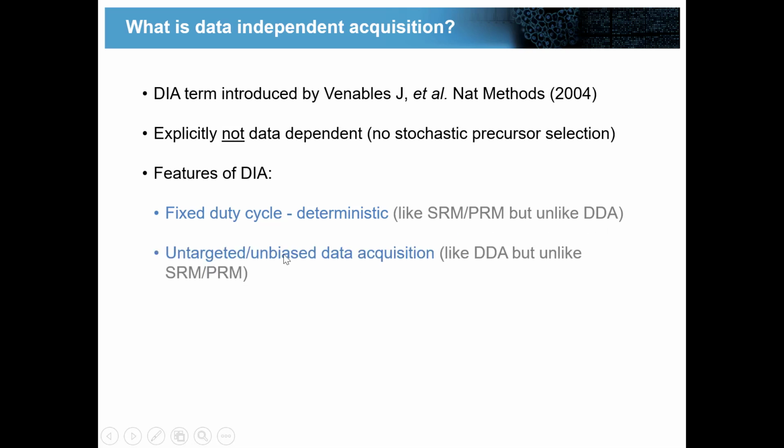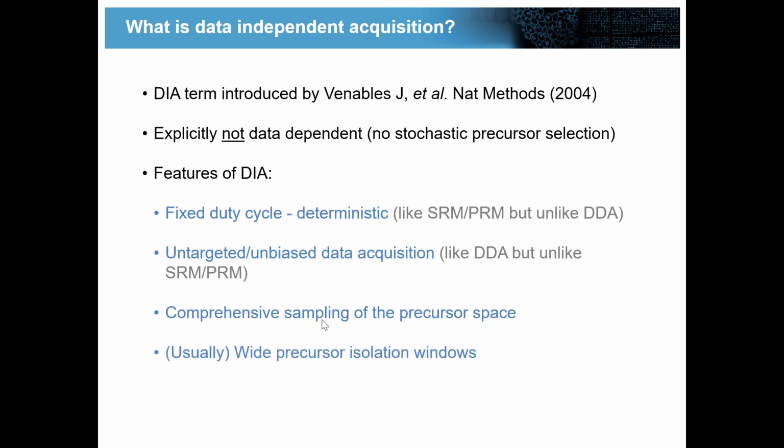However, it's also untargeted and unbiased data acquisition, so we don't have to provide a list of targets in advance. This is in a way like DDA, but unlike SRM or PRM. And what we're trying to achieve is comprehensive sampling of the precursor space. Usually this requires wide precursor isolation windows, and this usually means you end up with very complex mixture MS2 spectra.